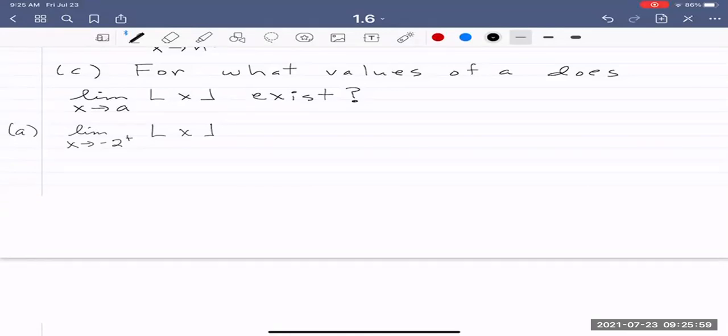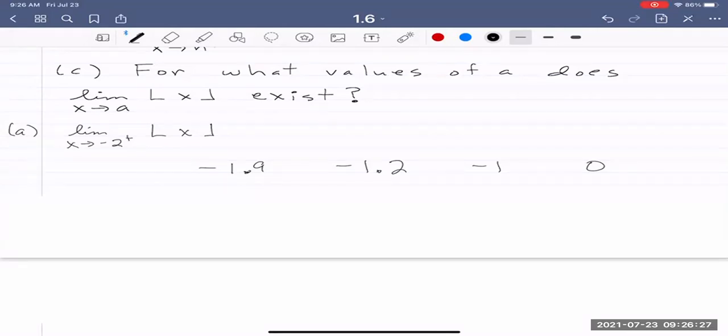Well, let's say -1.9, -1.2, -1, 0. Those are all numbers that are bigger than -2.